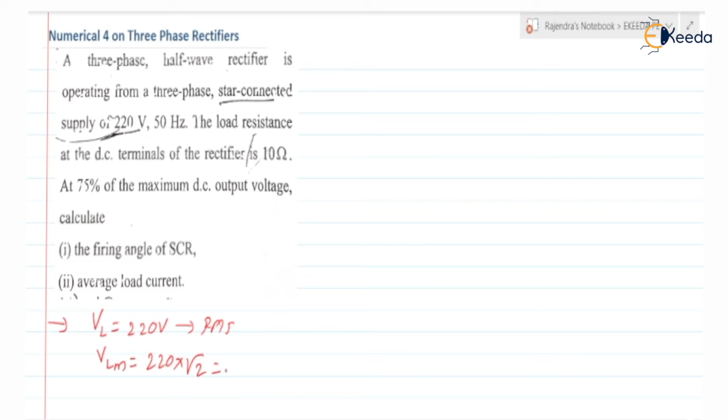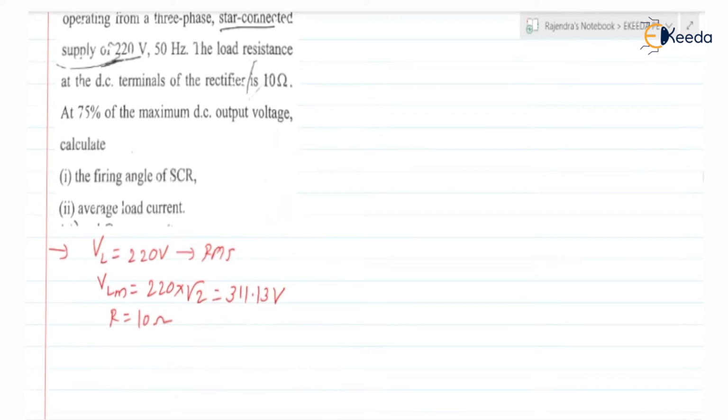If you check, 220 into root 2 will be 311.13. Okay, this is the VLM peak value. Next, resistance is given, R is equal to 10 ohm.